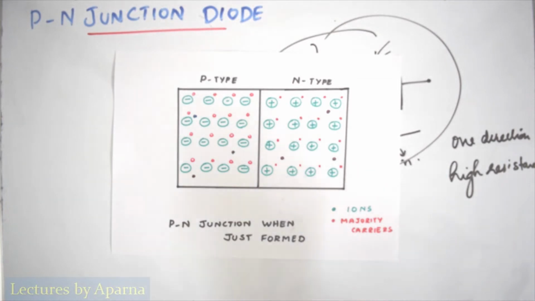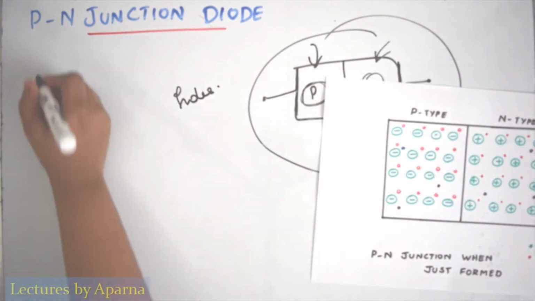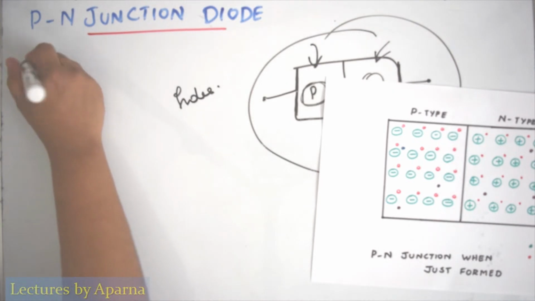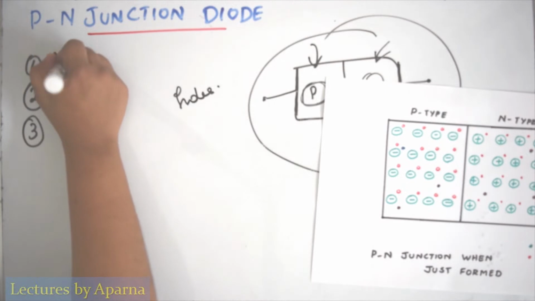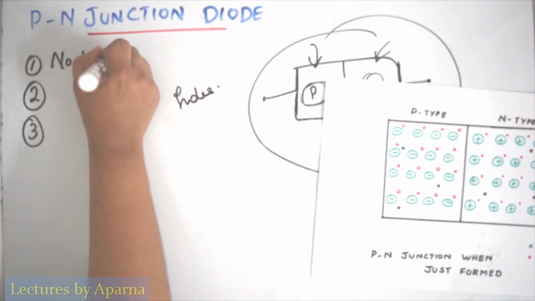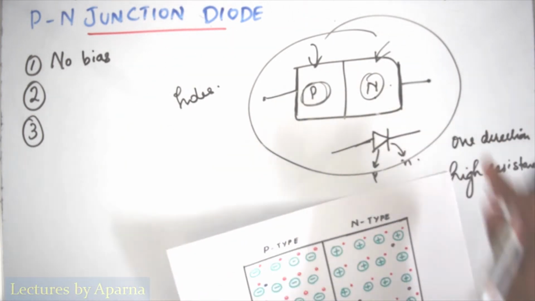As time goes by, it will not look like this. Okay, that we will discuss later. We are considering three conditions of the PN junction. First condition is the no bias condition, where no external voltage is given to the PN junction.